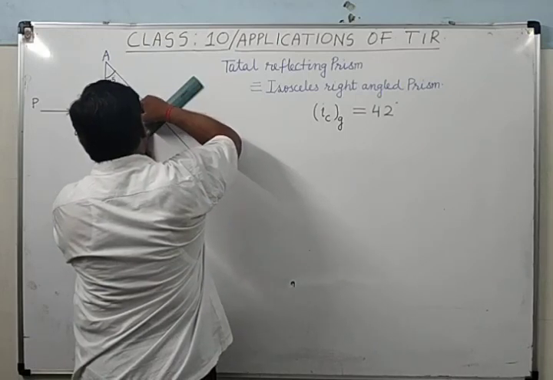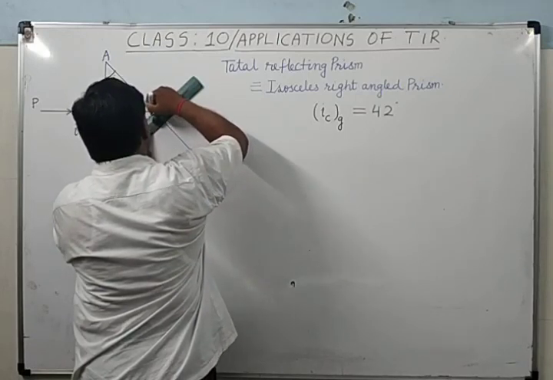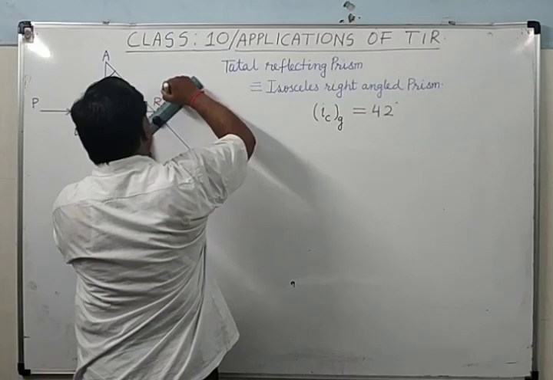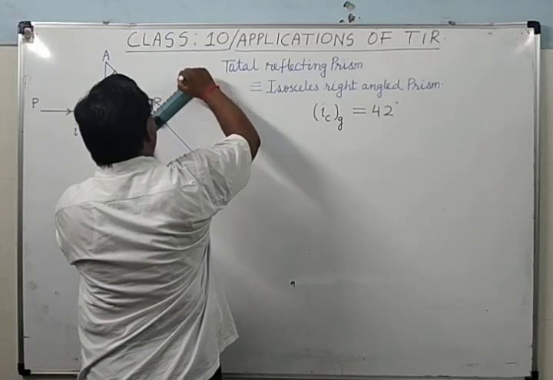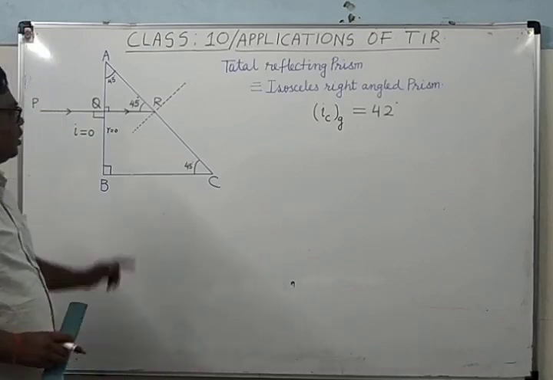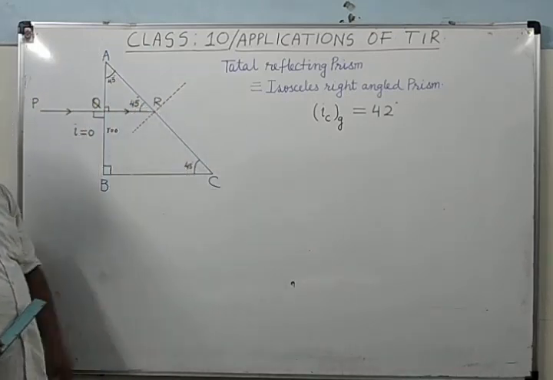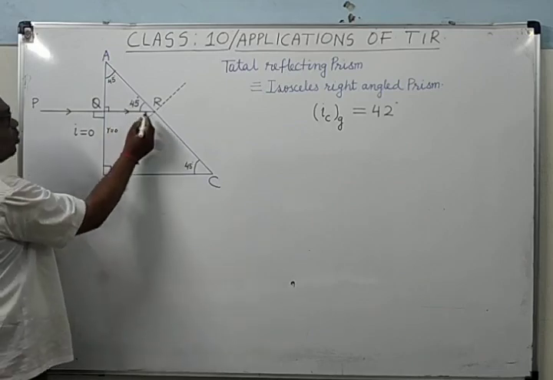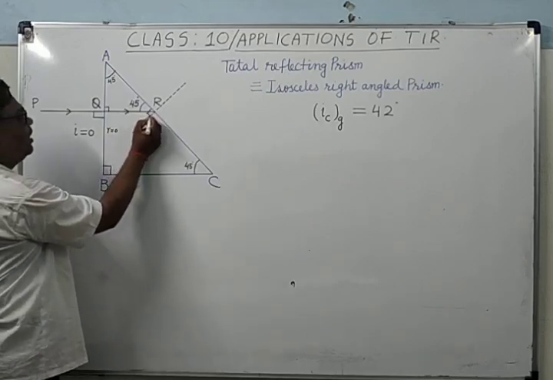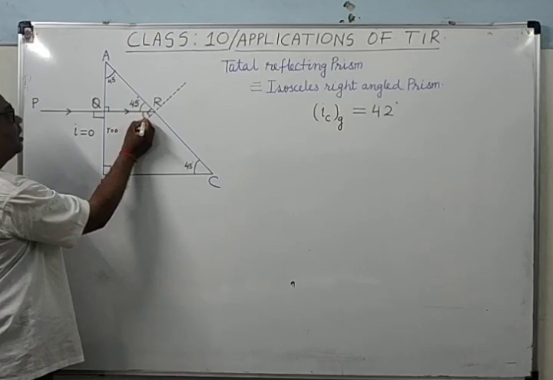So this dotted line will be the normal on AC at point R. This angle is 45, this whole angle is 90. So what will be the remaining angle?